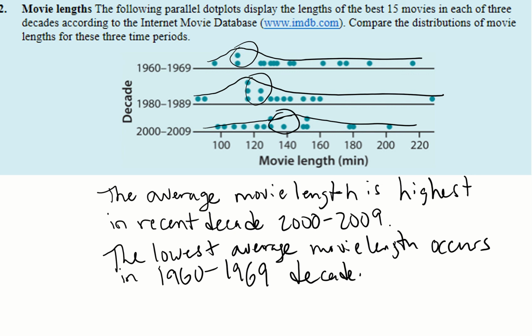And then for the variability, when you're comparing distributions, you want to talk about their center, you want to talk about their spread, and then maybe gaps in the data or things like that. And if you look at the shape here, the shape for the top one looks skewed to the right.